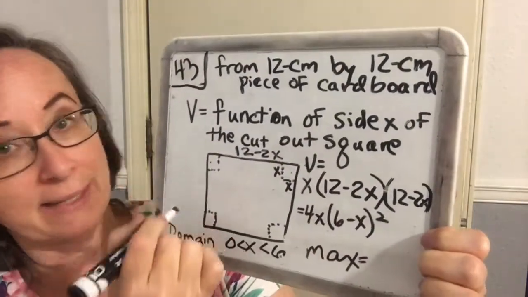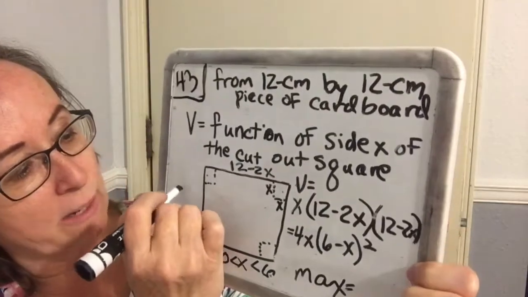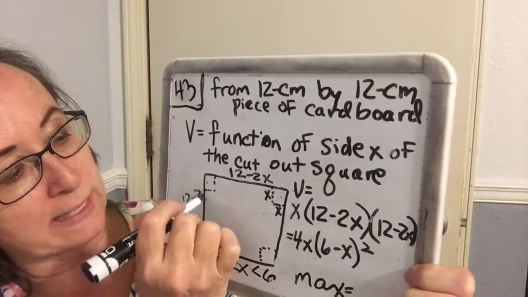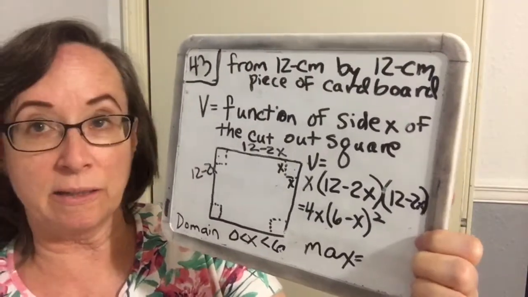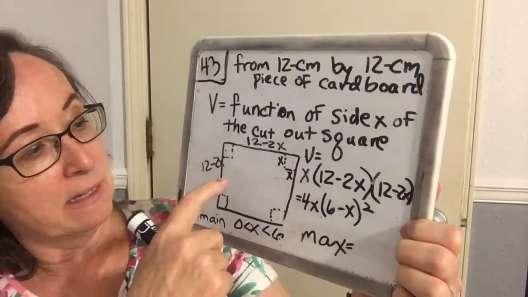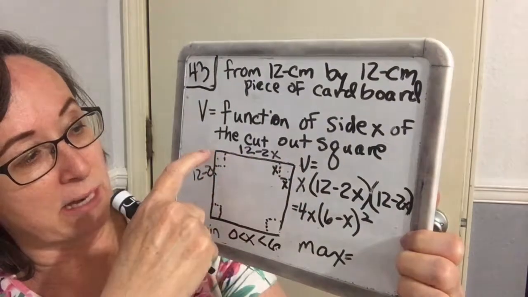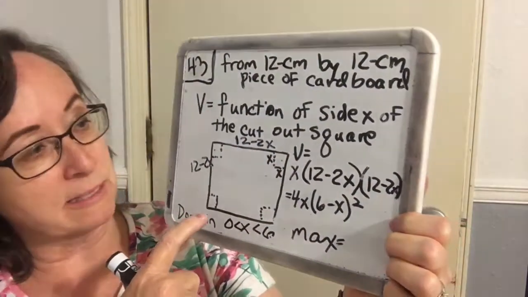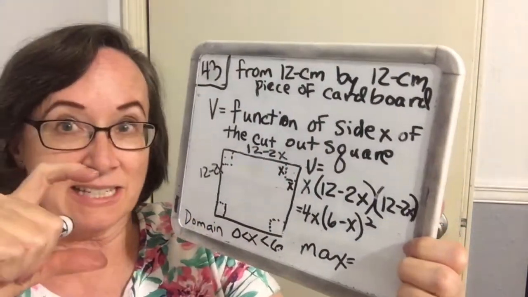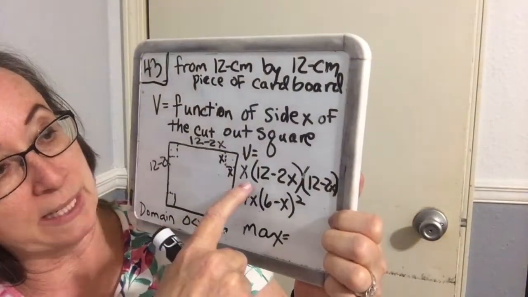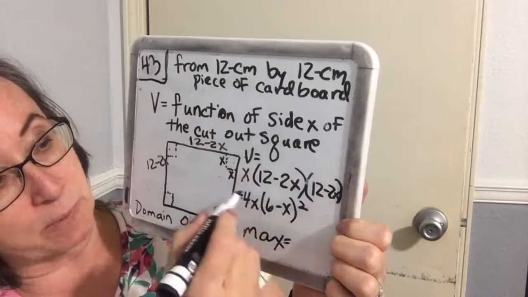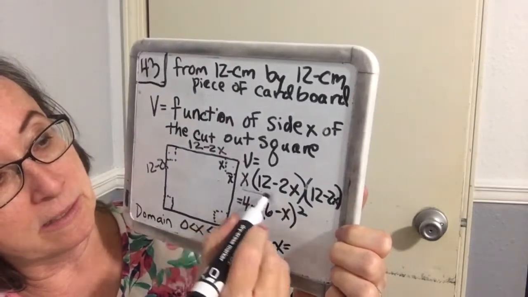And then again on this side, which is square, it's going to be 12 minus 2x as the other side. Okay, so the volume would be the 12 minus 2x times the 12 minus 2x times the x that is now the height of that box. So here is our volume expression right here.